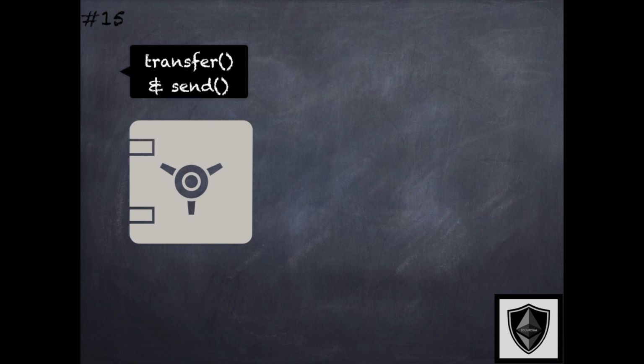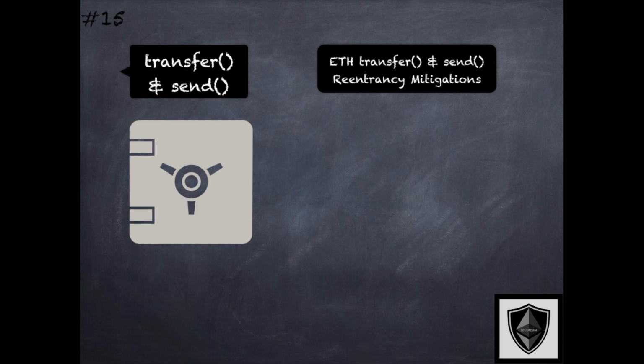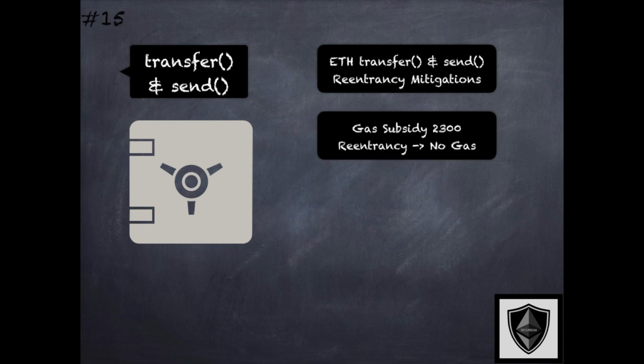This security pitfall is related to the use of the transfer and the send primitives in Solidity. These primitives were introduced as reentrancy mitigations because they only forward 2300 gas to the called contract, which is typically sufficient only for basic processing, such as emitting a few logs or something even simpler.